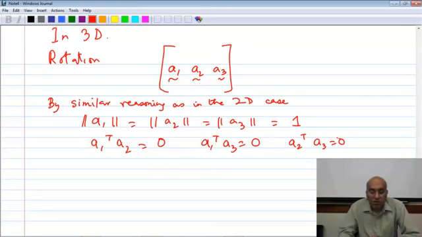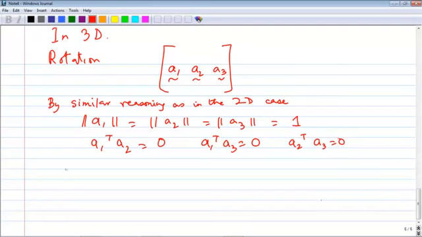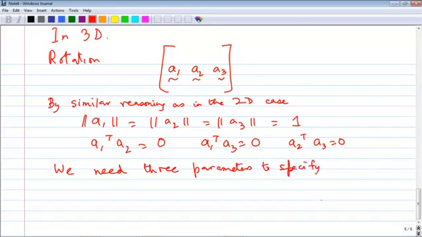Now in the case of 2 dimensions, we could characterize a rotation by just one angle theta. In 3 dimensions, it's a bit more complicated. We need to specify a rotation in a more complex way, and it turns out that we need 3 parameters to specify a rotation in 3D.